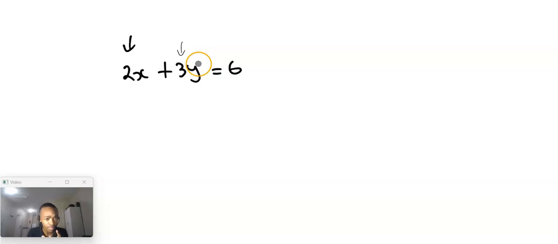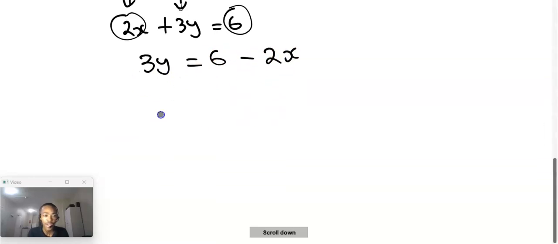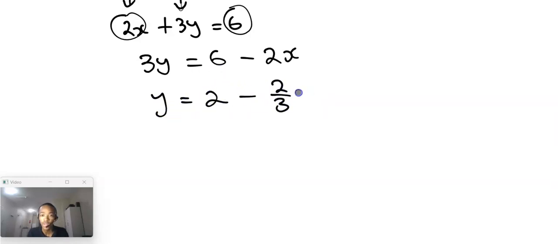So we need the independent variable to be on its own, on the left or on the right, and then these two on the same side. So what we do is we say 3y is equal to 6 minus 2x, and then you divide by 3, so y will be equal to 2 minus 2 over 3 x. So now everything becomes easy.